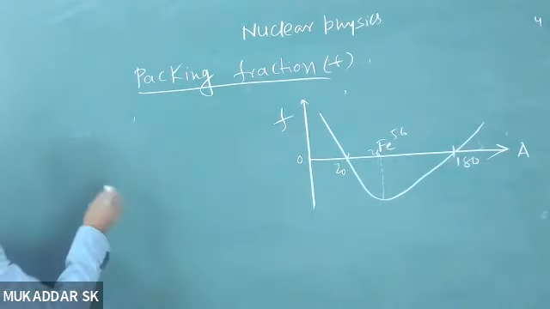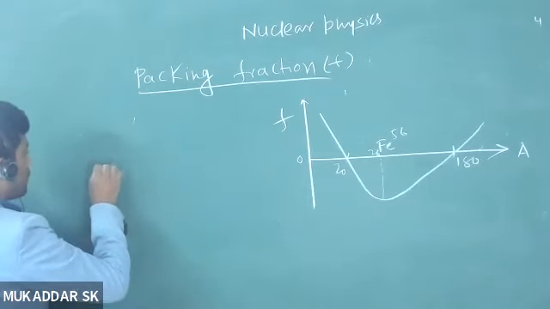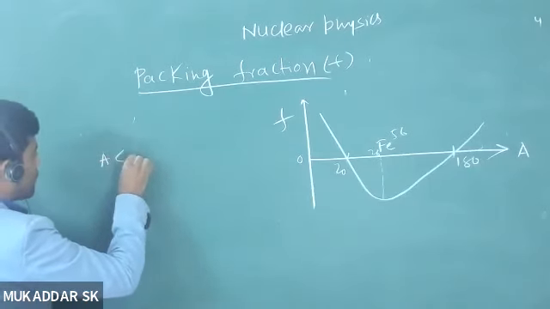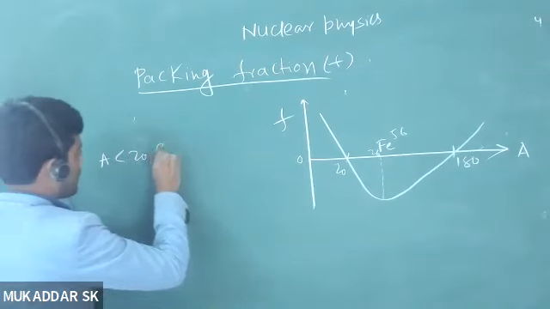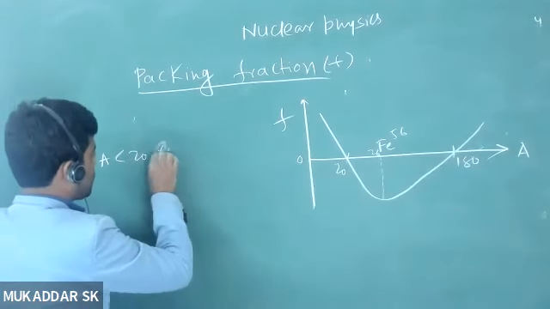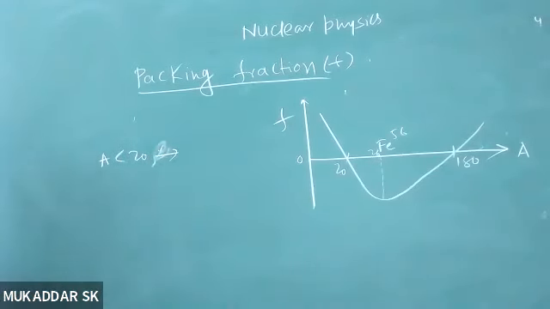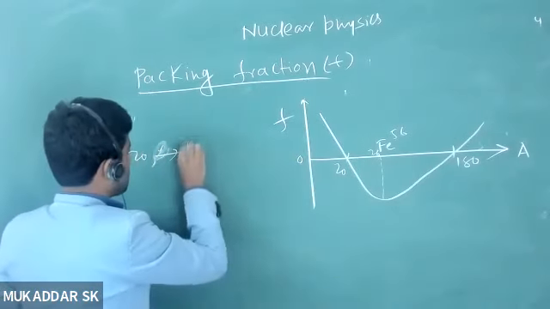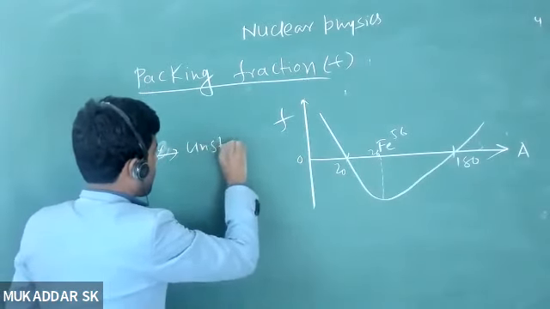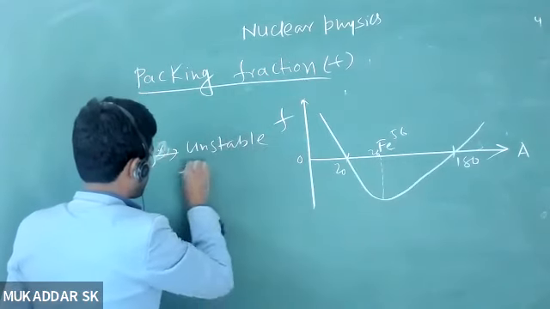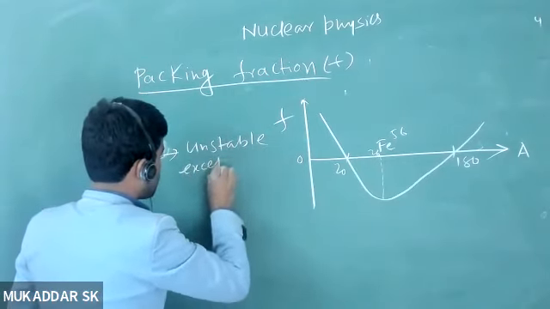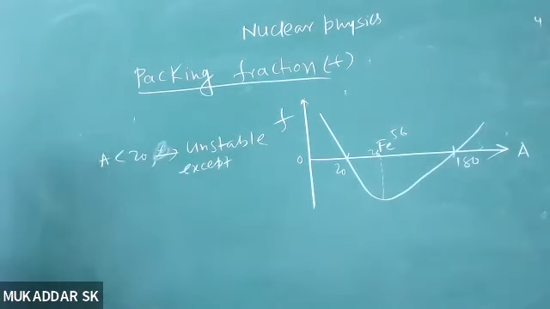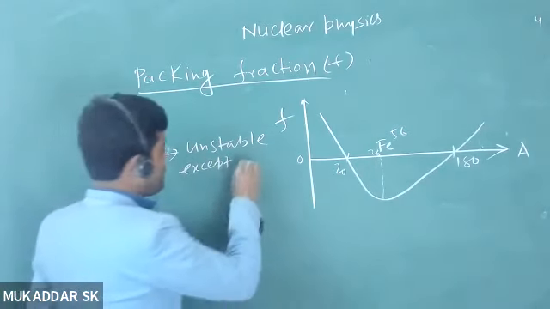So basically from this curve, what I can conclude is that for mass number less than 20, they have positive packing fraction and they are unstable. But there are exceptions. Which are the exceptions?